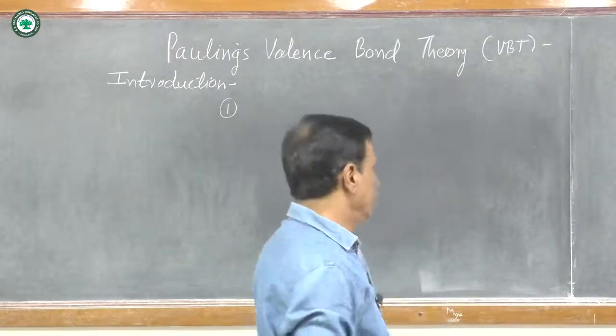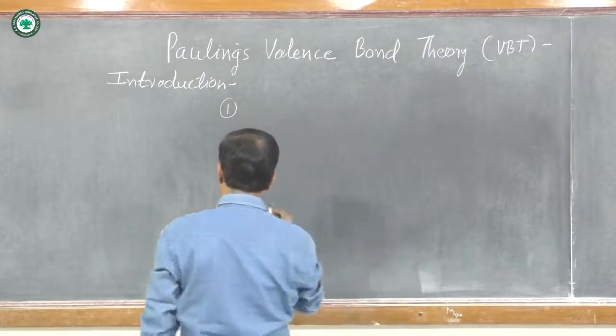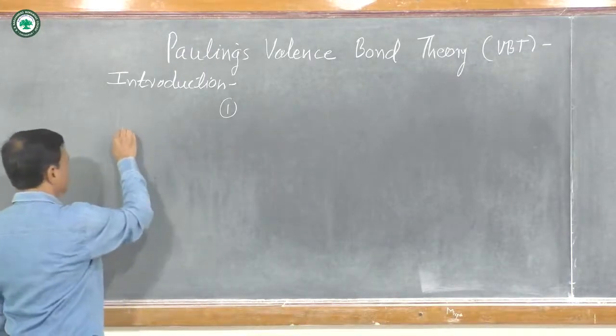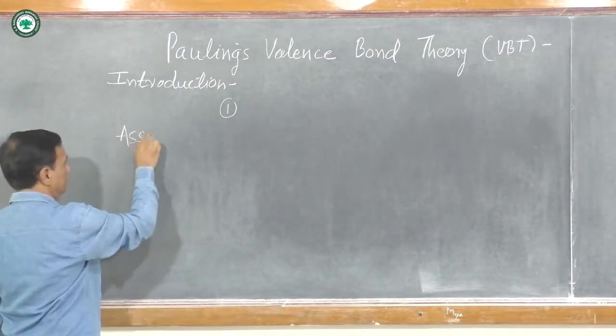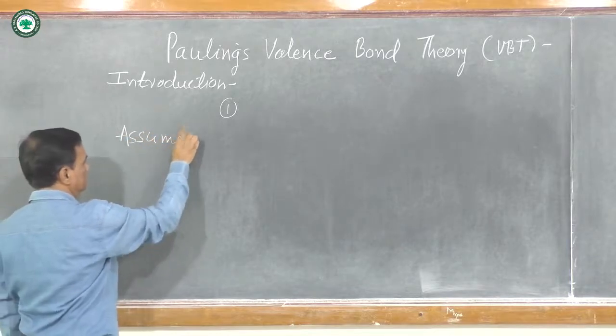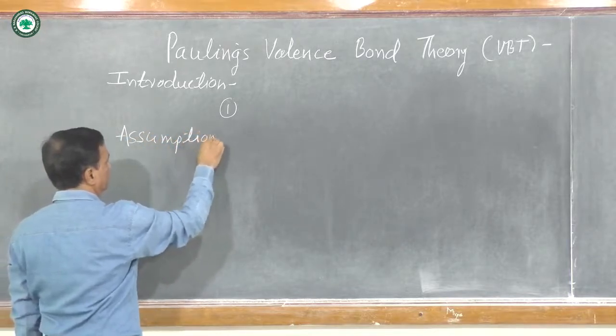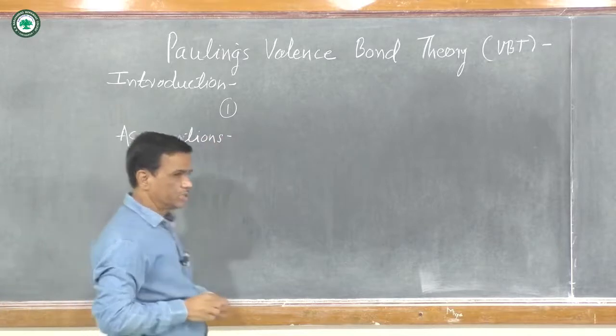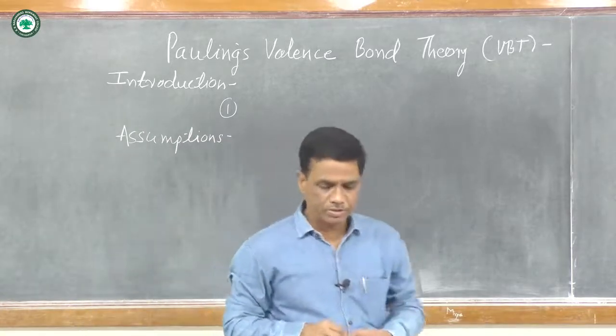Next point is, what are the assumptions of valence bond theory?